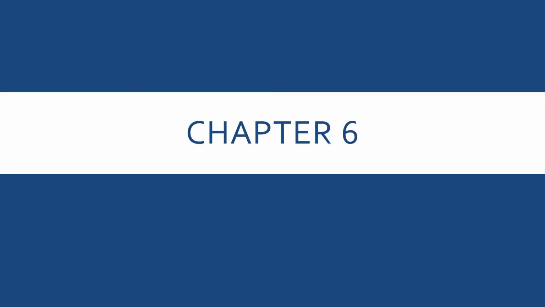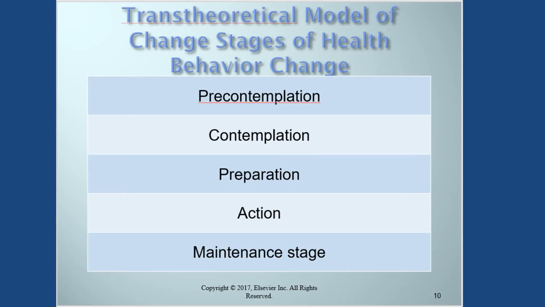Chapter 6. Lots of important information, but as far as the exam review, I do want you to know these stages of health behavior change. So this transtheoretical model of change focuses on the stages of health behavior change.